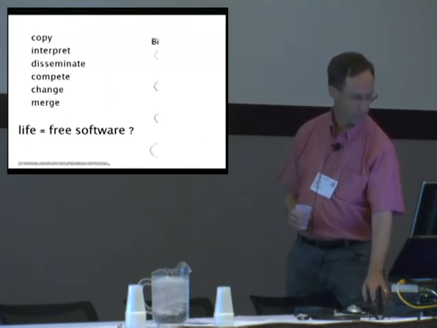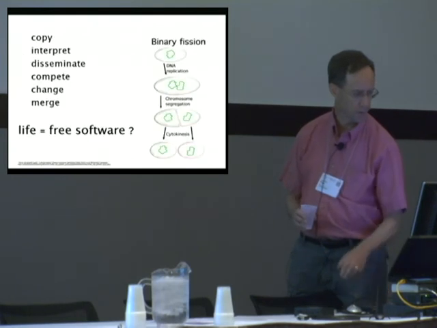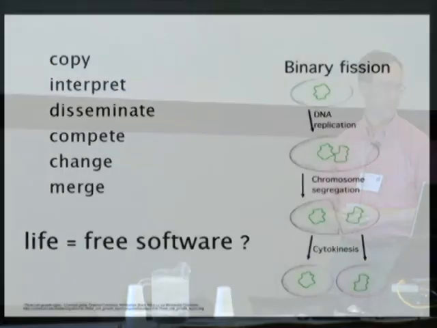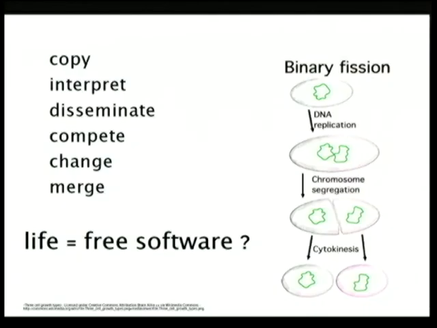And I just have one cute slide for you, which is that there are 5 or 6 processes that are just basic to life: copying, interpretation or gene expression, dissemination, competition, change or mutation, and merging.